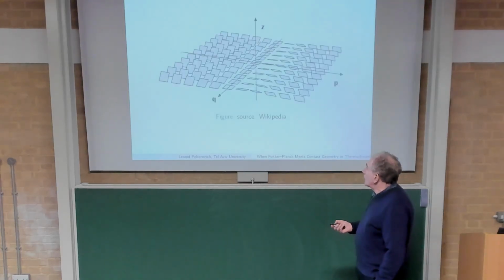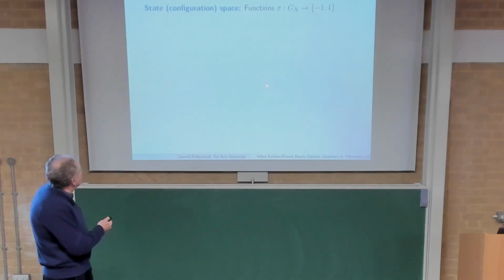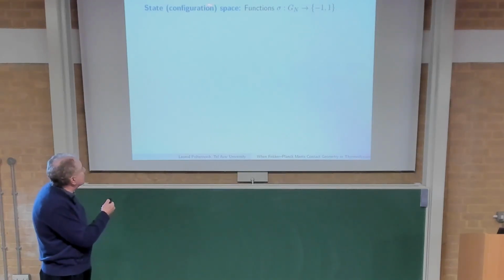Okay, so we will discuss the following example. So this is the Curie-Weiss magnet. Sometimes it is called the mean field Ising model. So we take a complete graph with n vertices, and state configuration space are functions on the graph to minus 1, 1.